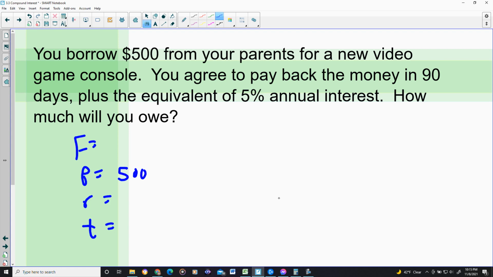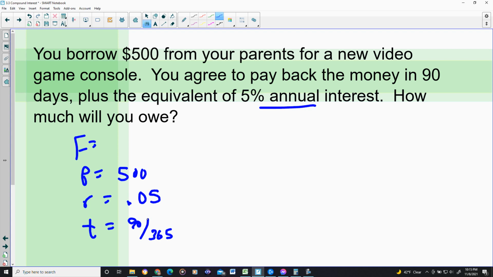Okay, 90 days. So what we could do is say, well, 5% annual interest, because it's annual interest, we want the time to also be expressed in an annual term, so years, right? So we're going to do this as 90 over 365.